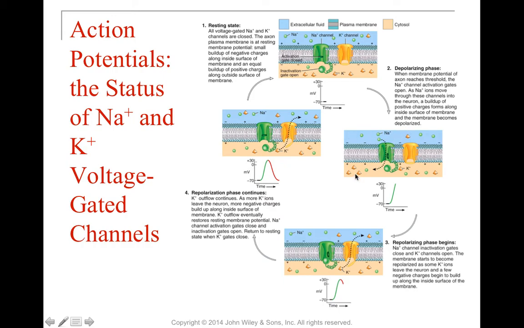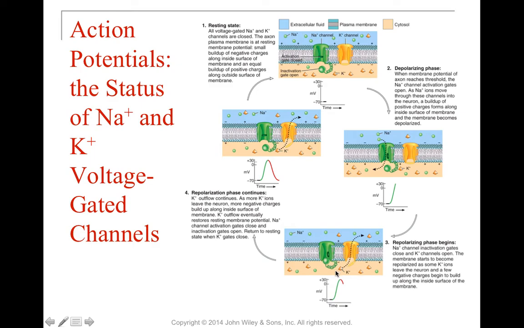So if sodium comes in, remember it was previously negative on the inside, sodium is going to flow in. Now we're going to end up with a bit of a positive charge. We're actually going to end up superseding 0, get a positive charge of approximately 30 until we're going to induce the repolarization phase. That's shown here in 3, and that's when we're showing that little red line that's going to start dropping again. Well, what happens biochemically at the membrane is that those sodium channels close and the potassium channels open.